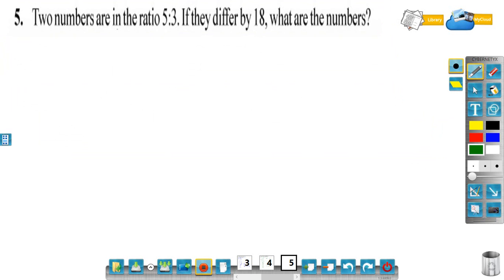Two numbers are in the ratio 5:3. What are the numbers? So let the numbers be... Here the ratio of two numbers is given as 5:3. So we have to take the numbers as 5x and 3x.